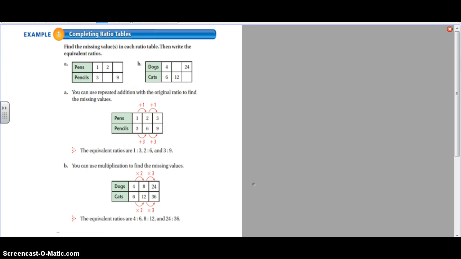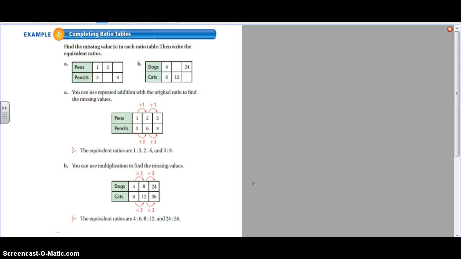Let's move on to example 1. Completing the ratio tables. It says find the missing values in each ratio table, then write the equivalent ratios. So you've got pens to pencils. You start out with 1 pen per 3 pencils. Below that in A, it says you can use repeated addition with the original ratio to find the missing values.